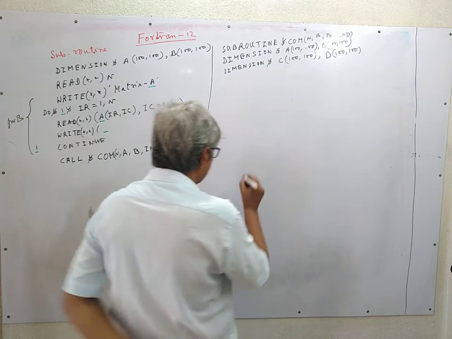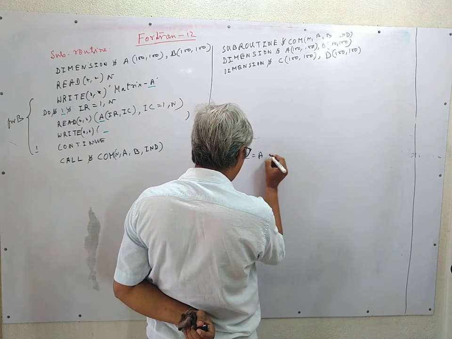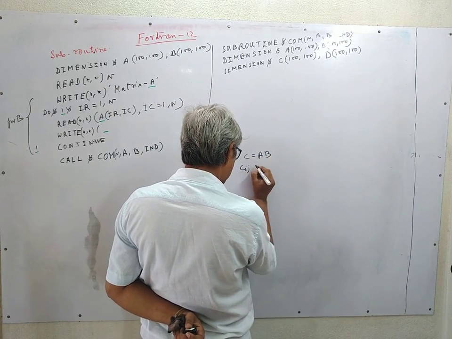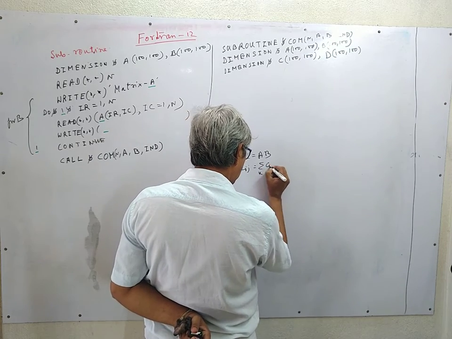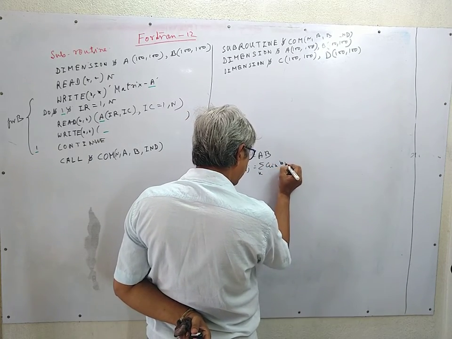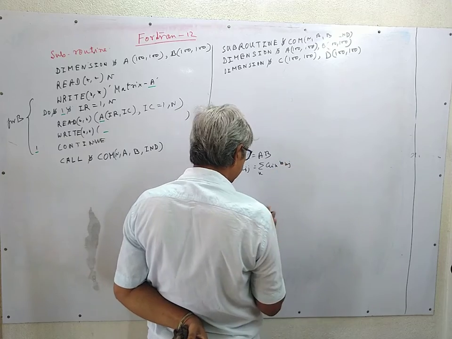Now we have to do the C. If C is equal to AB, then Cij is equal to sum over K, Aik, Bkj. This part has to be completed.